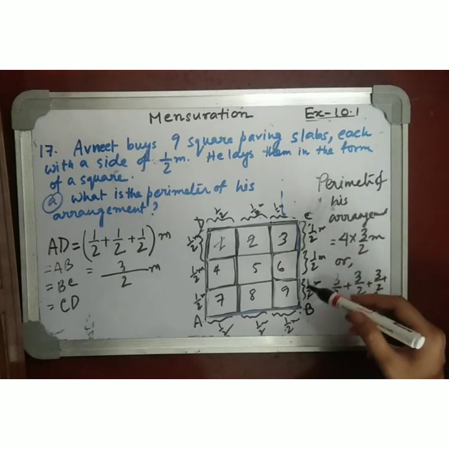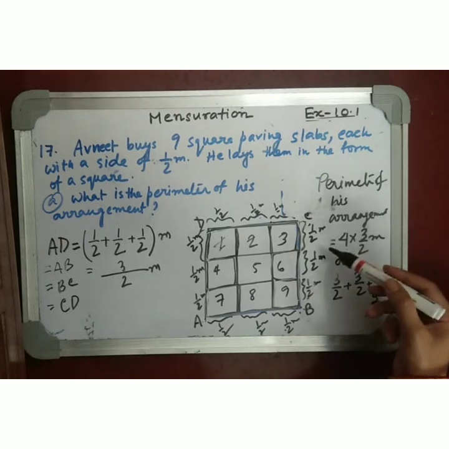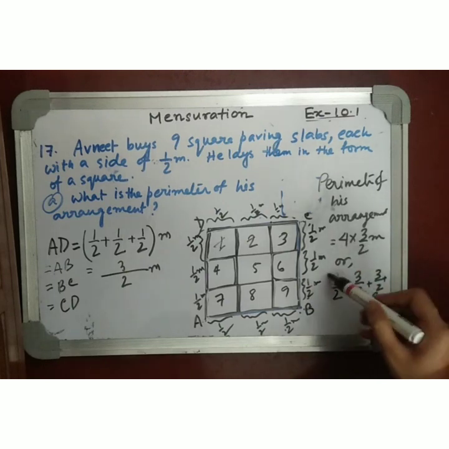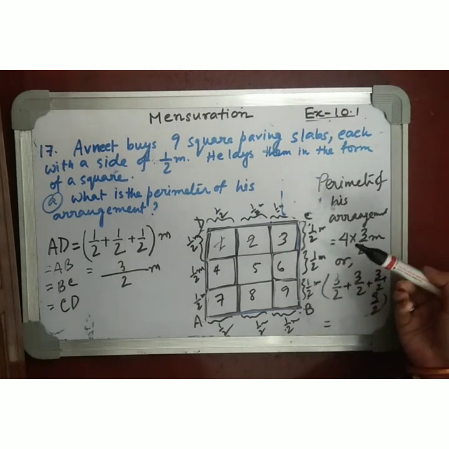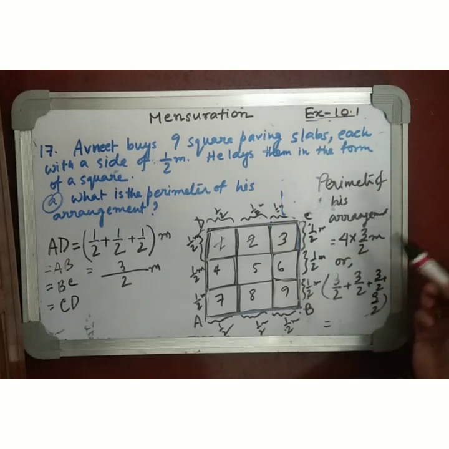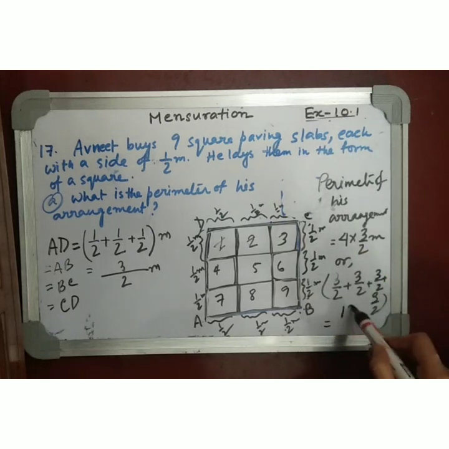Since we do not know the multiplication of fractions, that's why I am using this method. If you know the multiplication of fraction, then you can also use this method. So it is coming 12 divided by 2 meter, that is 6 meter.